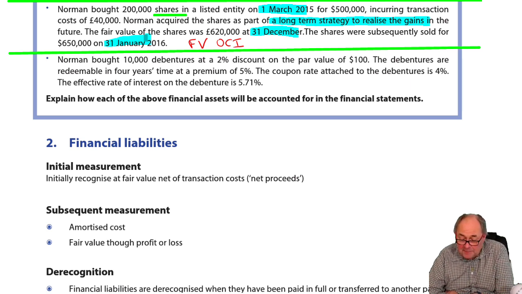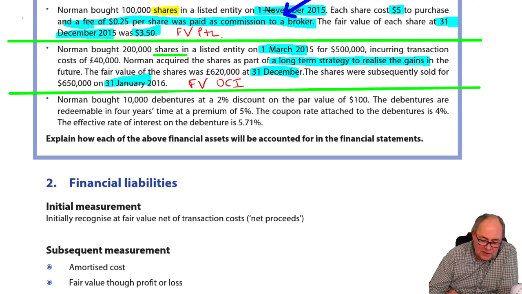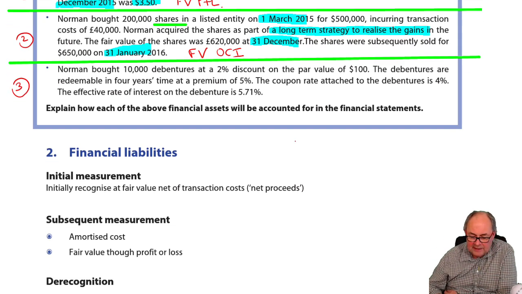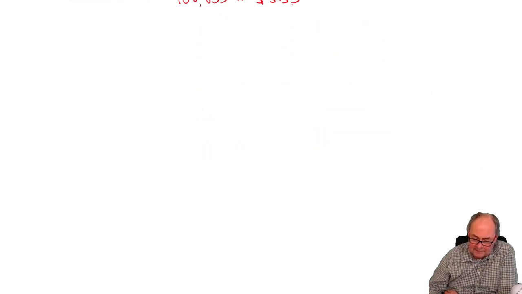If there had been, oh yes, there are some transaction costs, so because they have fair value through OCI, not P&L, those transaction costs will be capitalised, will be added to the cost of the asset. So the first thing that happens then, in that second scenario, just numbering these 1, 2 and 3, is that on the 1st of March you buy the shares.